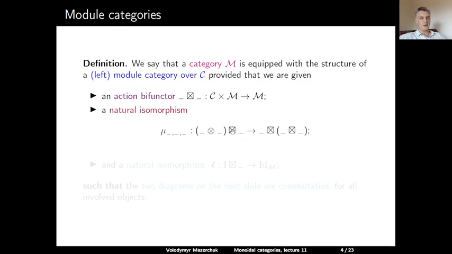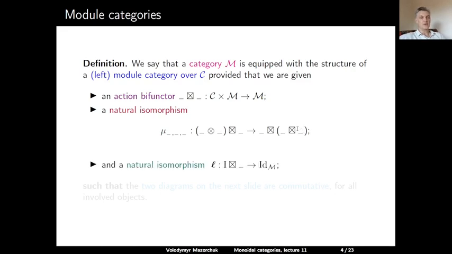If we have our action functor and on the left we have the tensor product in our category C, then there are two ways to bracket this expression. And mu should be a natural isomorphism from the bracketing where the bracket is on the left to the bracketing where the bracket is on the right.